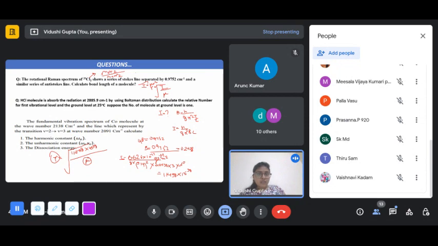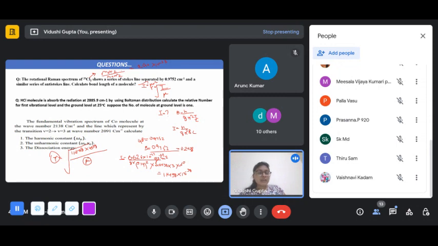After solving it, the value will be approximately 2.90 into 10 minus 23, because the mass of chlorine is 35.5 for both M1 and M2.